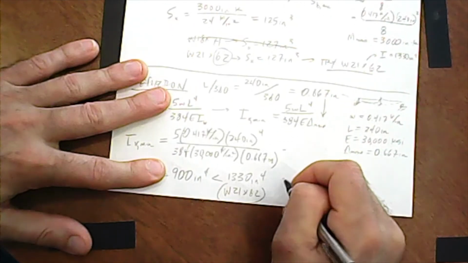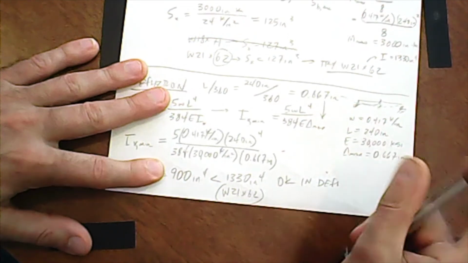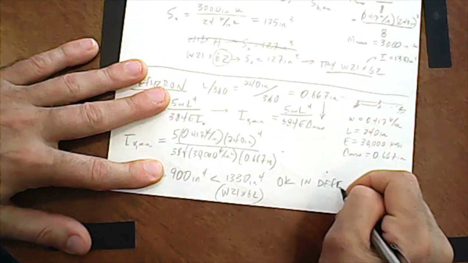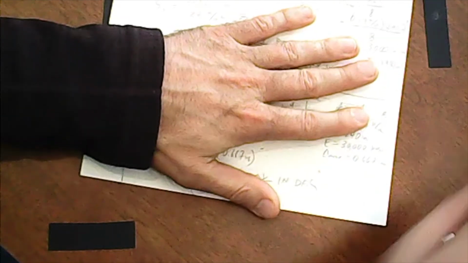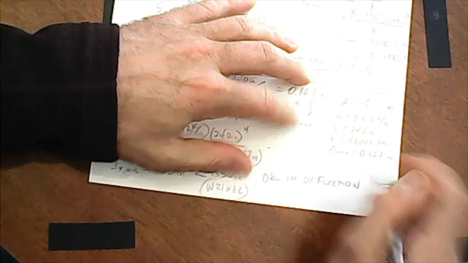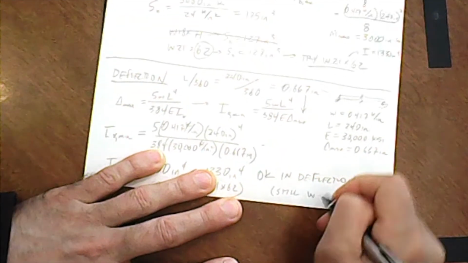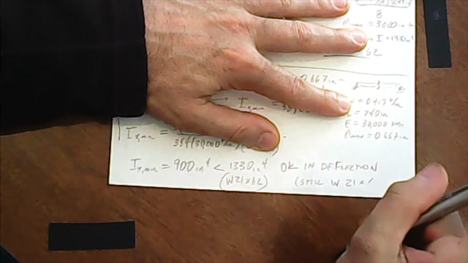So okay in deflection. Deflection. Okay, so we're still on a W21 by 62.